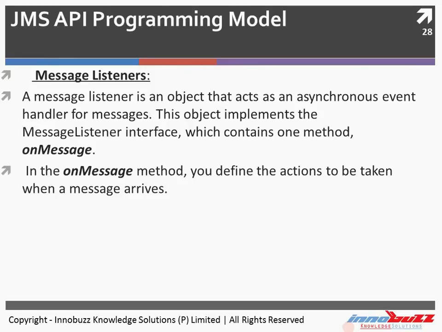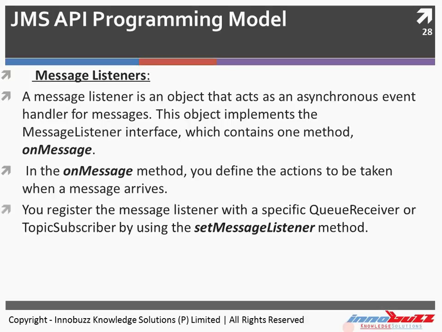So once you get the message, inside the onMessage method, you can write your programming statements to take your actions after receiving your messages. You register the message listener with a specific queue receiver, or it can be a topic subscriber, by using the set message listener method.